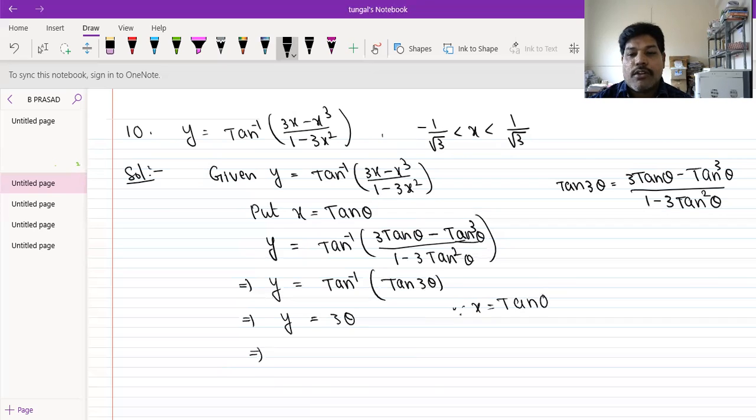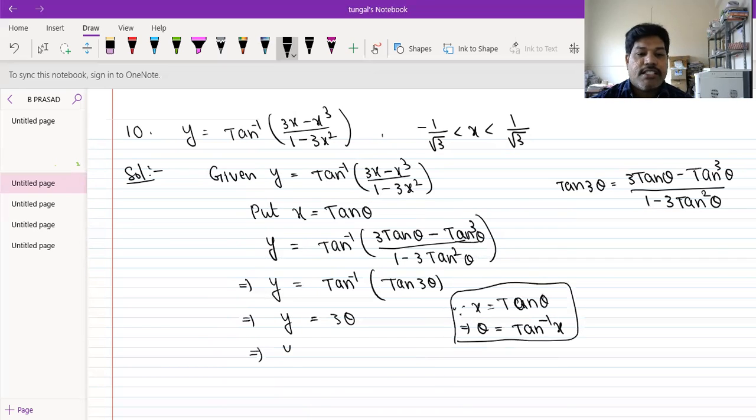Since x is equal to tan theta, theta becomes tan inverse x. You can replace this value here. So y is equal to 3 tan inverse x.